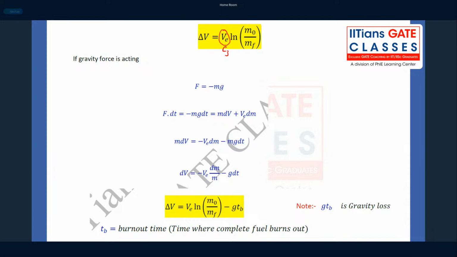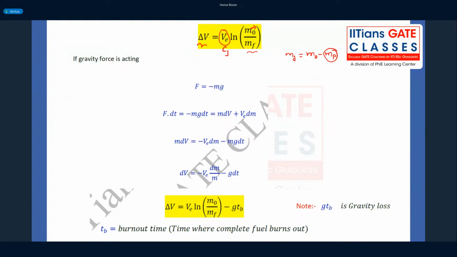It also connects to the initial mass and the amount of fuel burnt, because the final mass is a measure of how much propellant you are carrying. You are taking the propellant out of the system, and based on that you can get how much velocity gain you can achieve. This is one of the important relations in rocket propulsion.